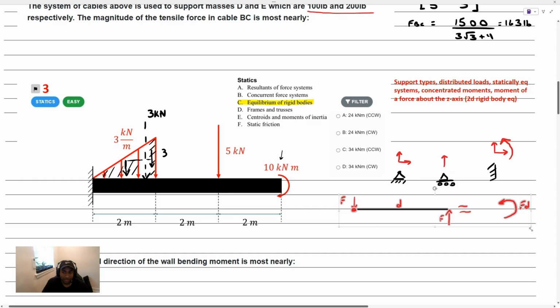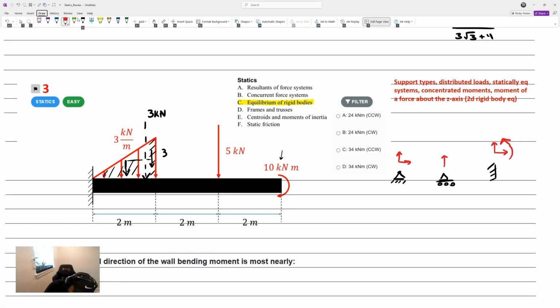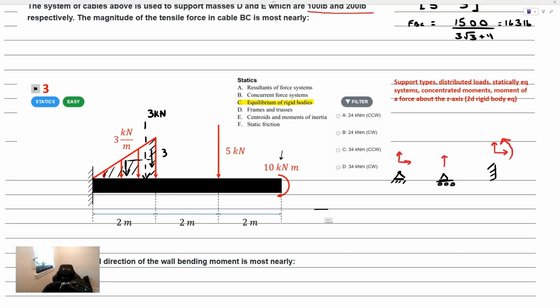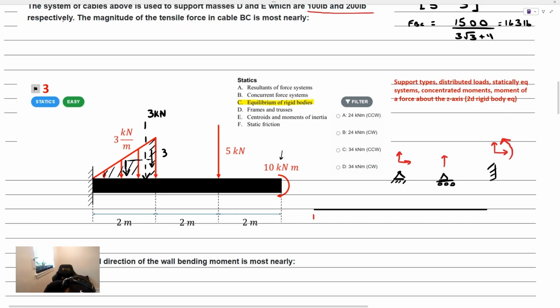Okay, so let's now move into solving the problem, right? Whenever you start off with a statics problem, most likely you're going to need a free body diagram here. So let's go ahead and draw a free body. What we have is a beam, and that beam will have reaction forces.